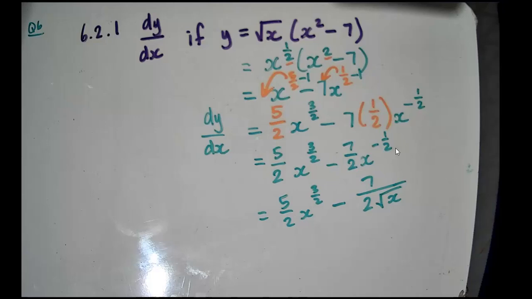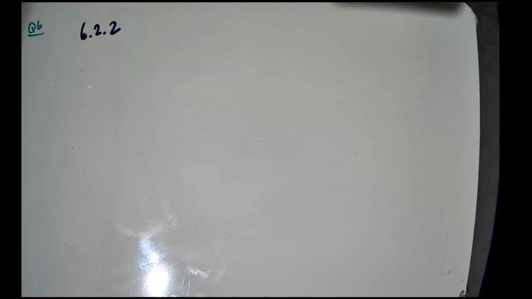At that moment, x to the minus half is a numerator. So x to the minus half would be the square root of x, but in the denominator because of the negative.